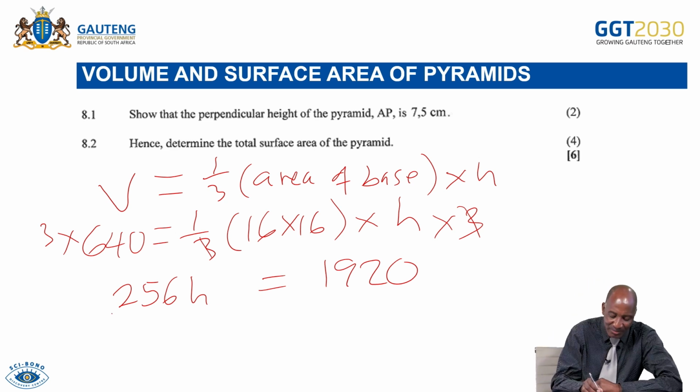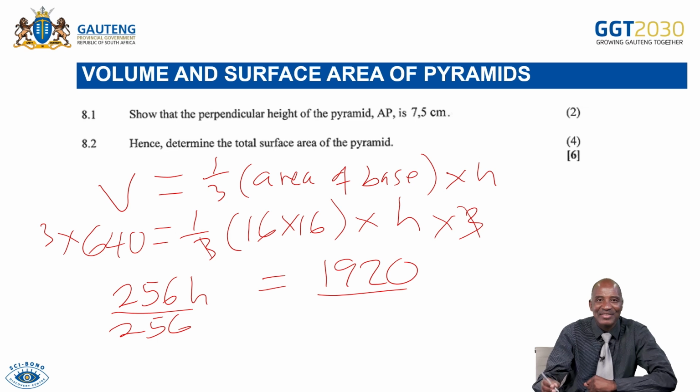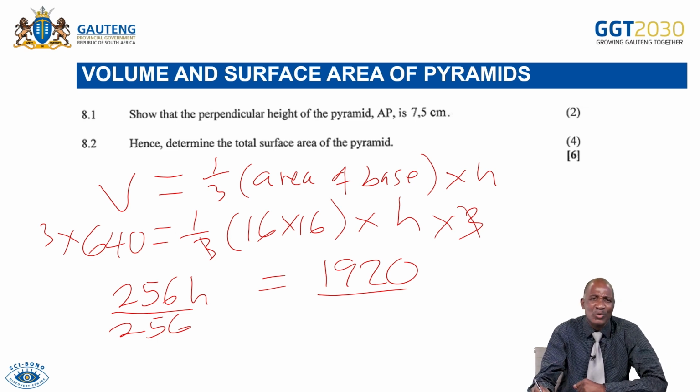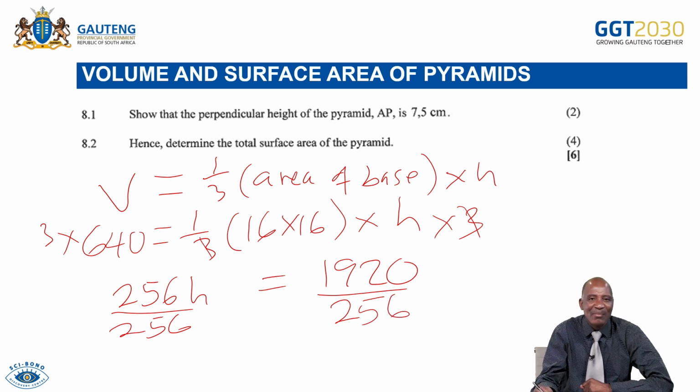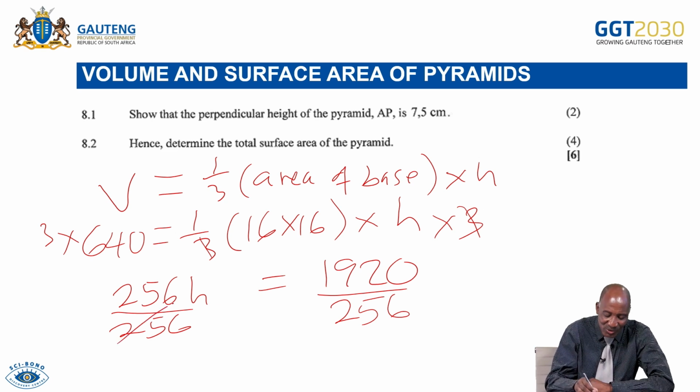Then we divide both sides by 256. I deliberately left units out because they sometimes confuse. Whether it goes an exact number of times or not, I'm not worried about that, because all I want is to make h the subject of the formula.